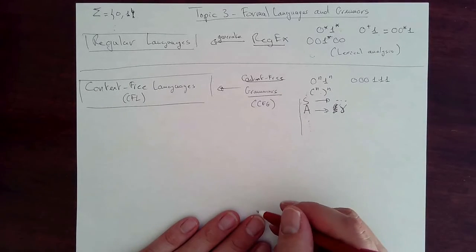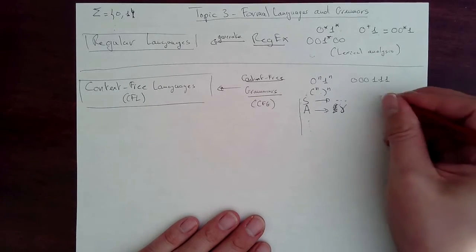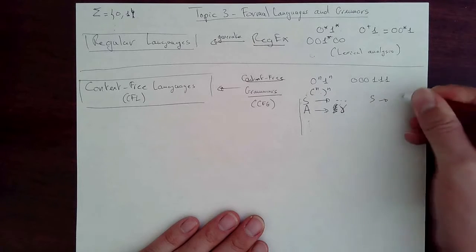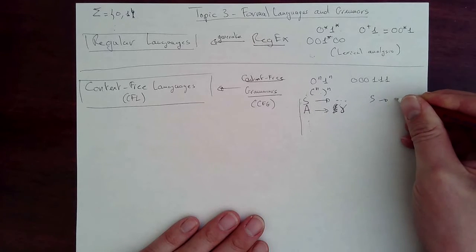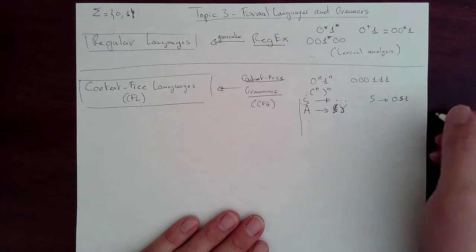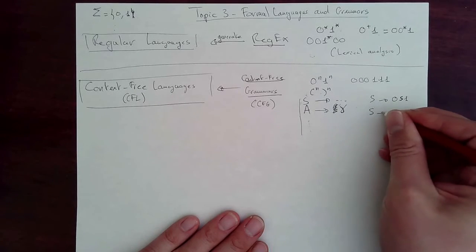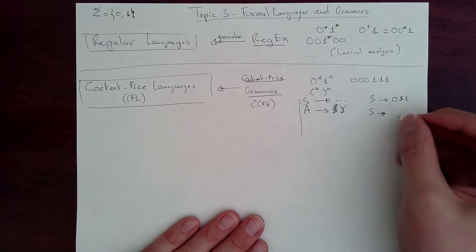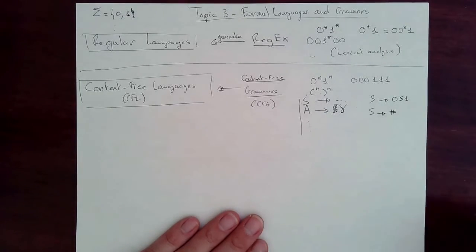So here is an example. We're going to say S goes to 0S1, and of course you can have a variable that appears on the left and on the right. That's perfectly fine. S goes to 0S1 and then S goes to sharp, okay?